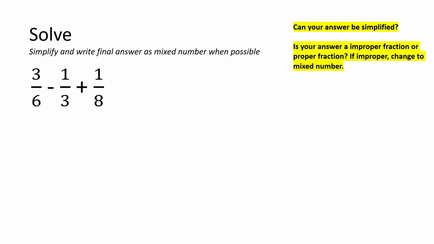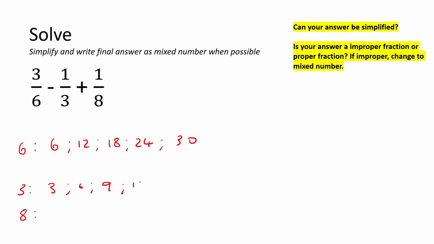What we do now is we realize, oh, these numbers are not the same. So what we do now is we do the multiples of each of them. So 6, 12, 18, 24, 30. This one, 3, 6, 9, 12, 15, 18, 21, 24, 27.